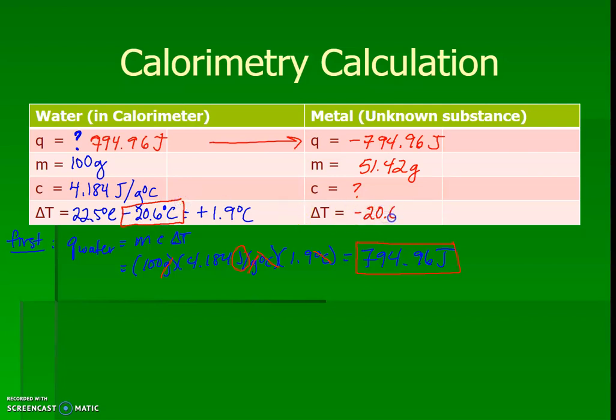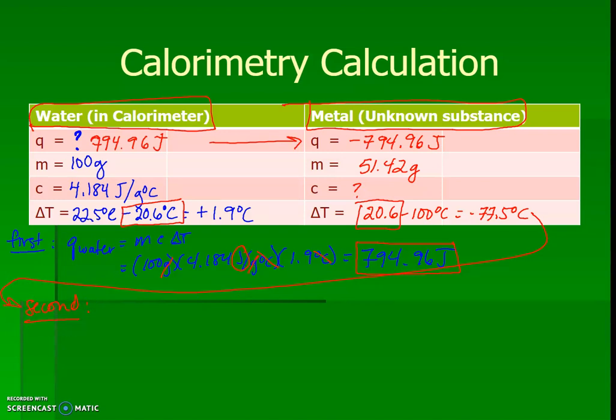So 20.6 is our final. 20.6 minus 100 degrees Celsius is going to give us a delta T of negative 79.4 degrees Celsius. Notice that this final temperature is in two places. That's what connects the Q of the water and the Q of the metal. So I'm going to use this in my second part.